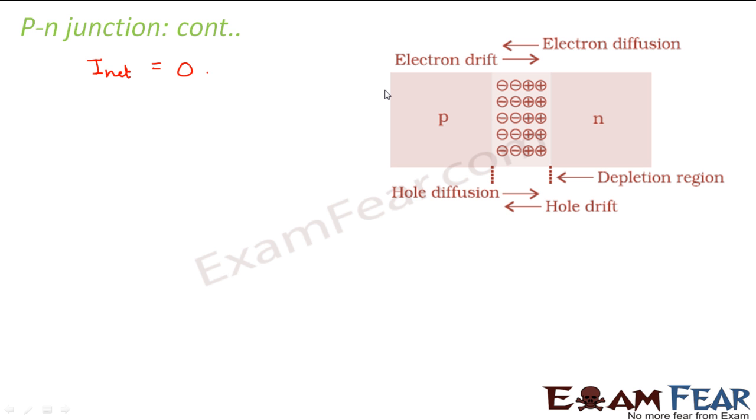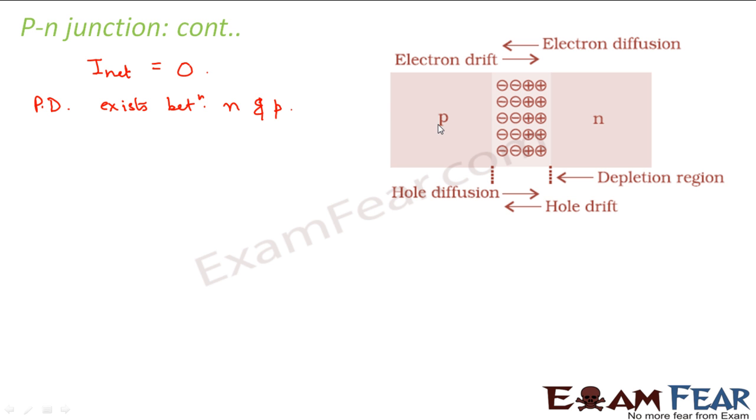Similarly, the hole diffusion current will be equal to the hole drift current. So therefore, the net current will be equal to 0. However, a potential difference exists between N and P.